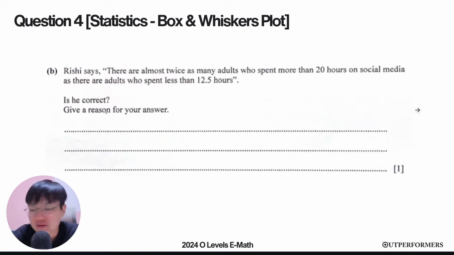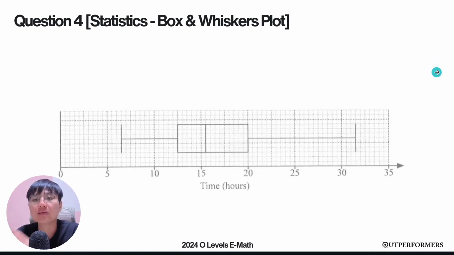So moving on to part B. This person says, Rishi, there are almost twice as many adults who spend more than 20 hours on social media as there are adults who spend less than 12.5 hours. Is he correct? Give a reason for your answer. So then it goes back to the question of, do you understand the box and whisker plot fully?